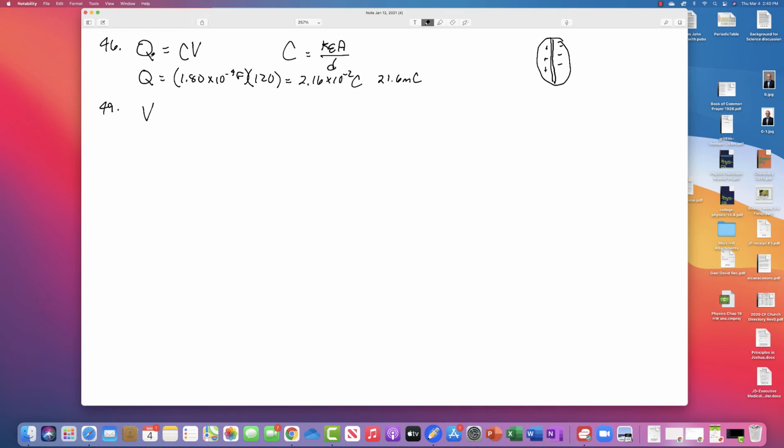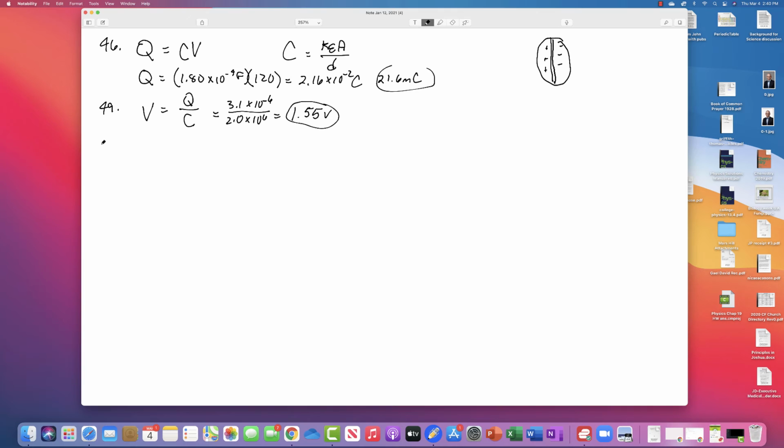So V, if you rearrange this, is going to equal Q divided by C, and Q is 3.1 times 10 to the minus 6, and C is 2.0 times 10 to the minus 6. So you end up with 1.55 volts.